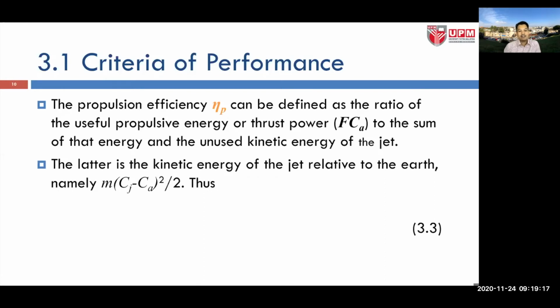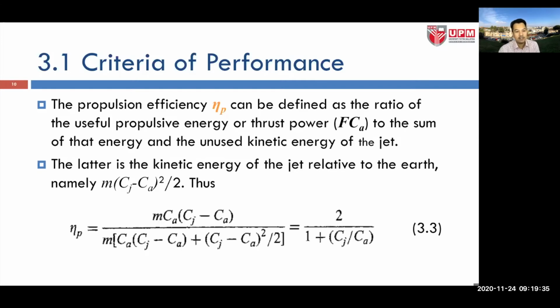The latter is the kinetic energy of the jet relative to the earth, namely as this expression. So we have the mass flow times the difference between the jet velocity minus the incoming air velocity, squared, divided by 2, and thus equation 3.3 for the propulsion efficiency can be written, right? And this zeta P, the propulsion efficiency, is also called the Froude efficiency.